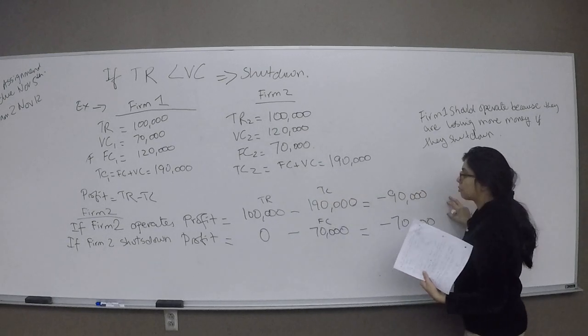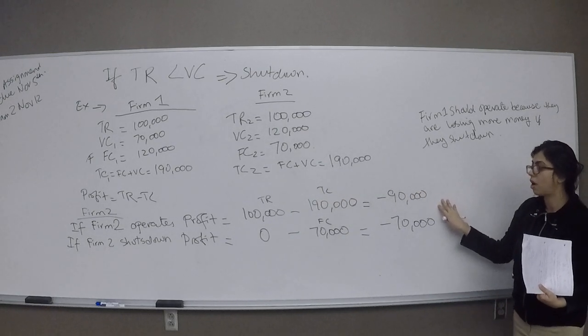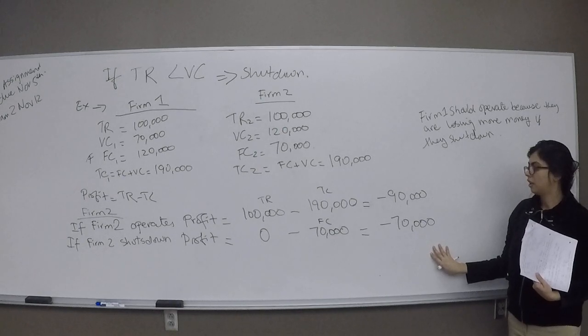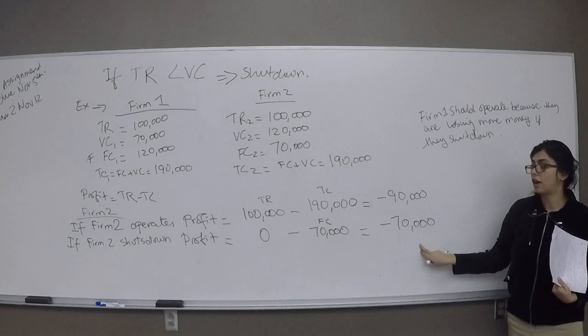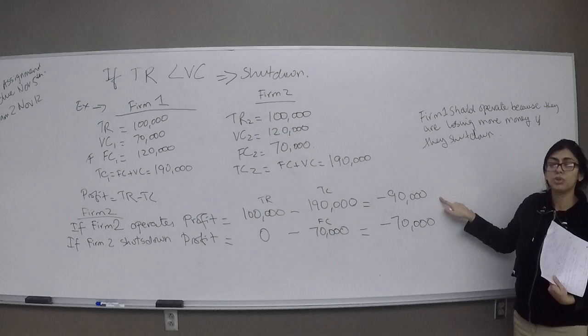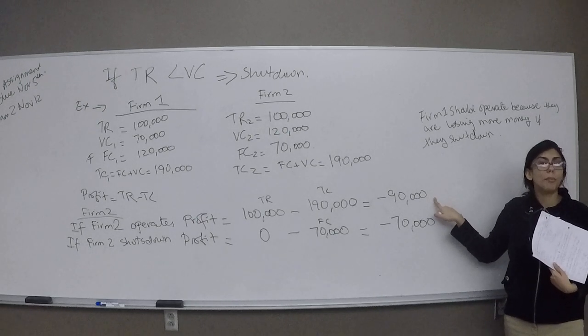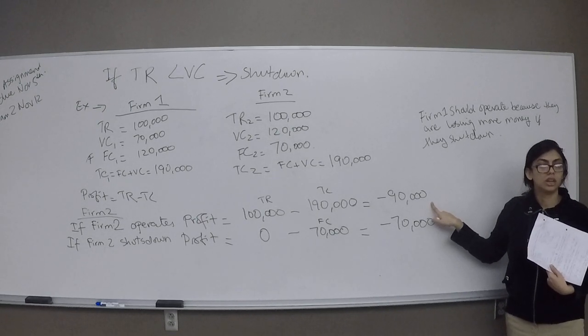So based on these profit figures, should they continue to operate or should they shut down? Shut down. They should shut down, because if they continue to operate, they're losing more money by operating, right?